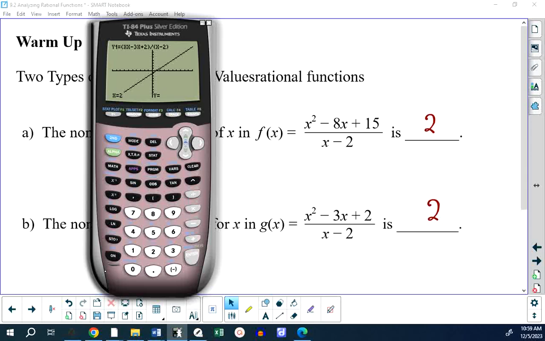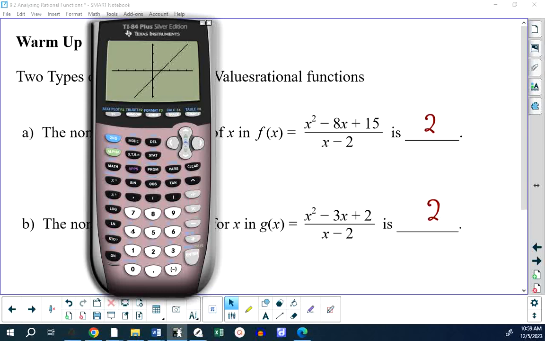If you want, this is interesting, don't worry about why your calculator is programmed this way, but if you go zoom decimal, very often you can see the hole. Now, how big is the hole or point of discontinuity? Infinitely small, but we draw it as if it's an actual break in the graph that's big.